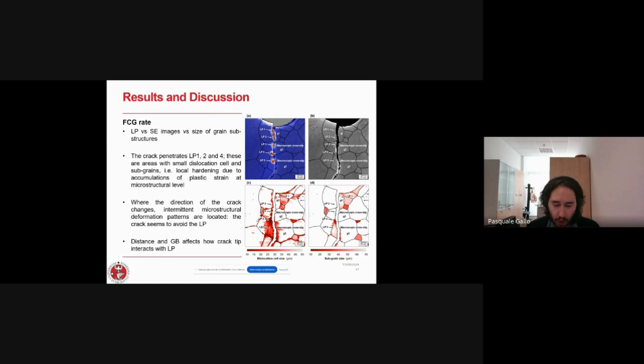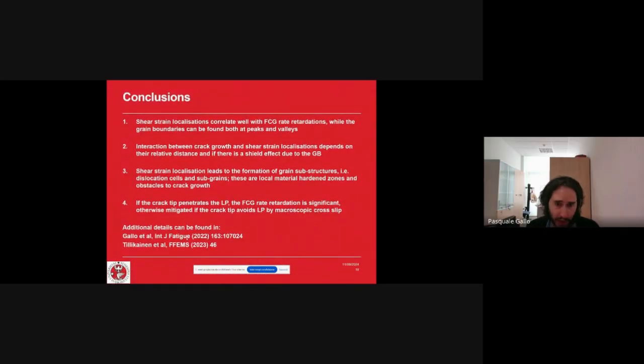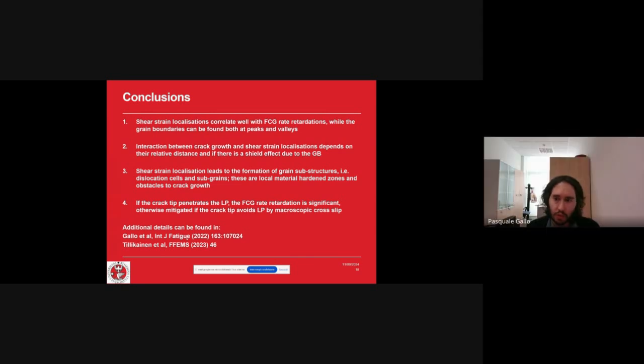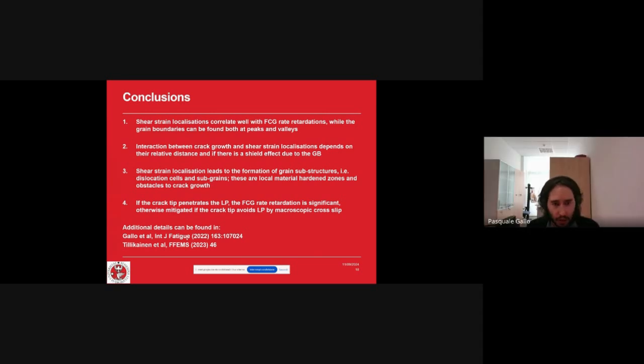And a little bit wrapping up the main conclusions, we can say that the strain localizations in our experimental testing correlate well with the fatigue crack rate retardation, while the grain boundaries can be found both in peaks and valleys. We can see that the interaction between crack growth and strain localization depends on the relative distance and if there is a shield effect due to grain boundaries.